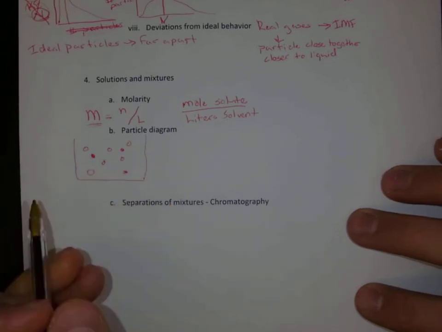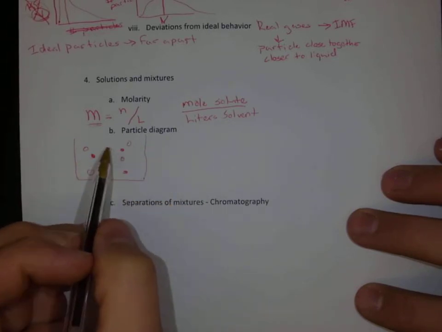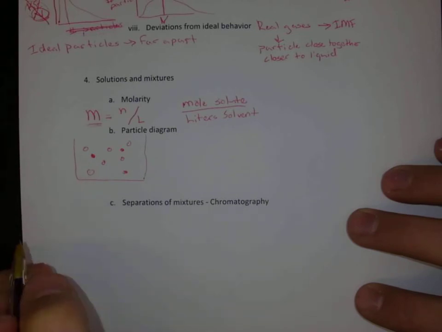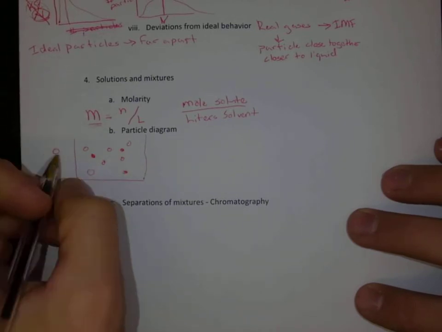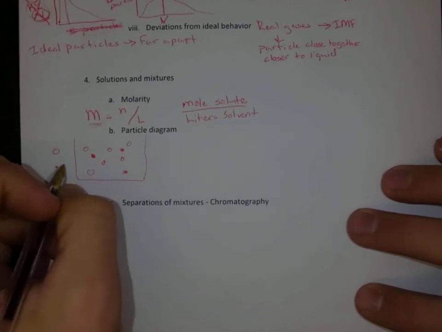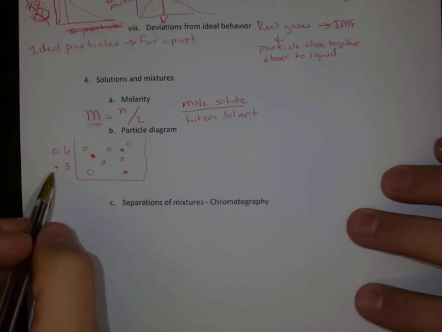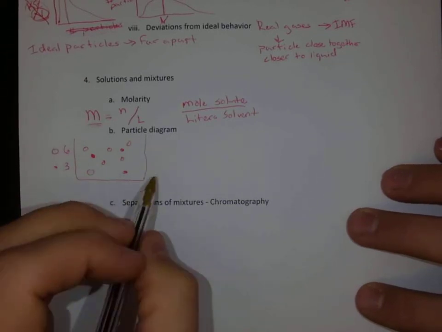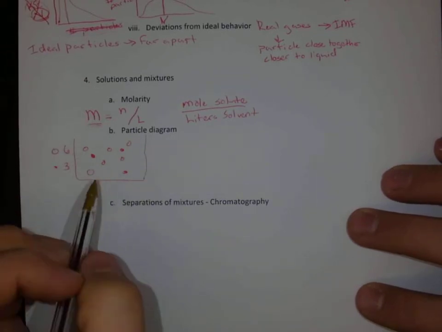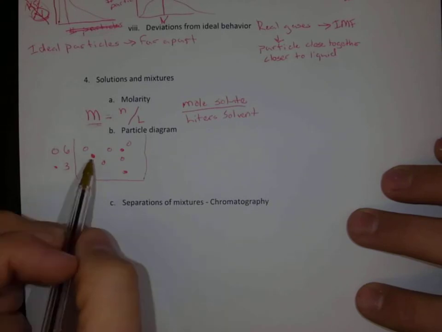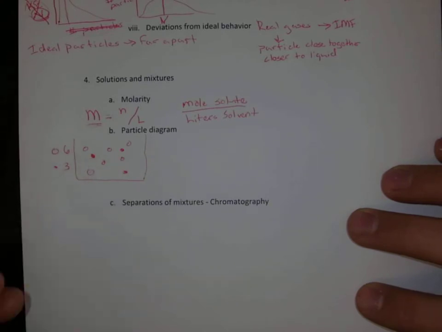In this case, what I'm showing is there are 1, 2, 3, 4, 5, 6 of the white or unfilled circles, and only 3 of my dark circles. So what I'm showing here is that the concentration is half of the unfilled circles, okay?